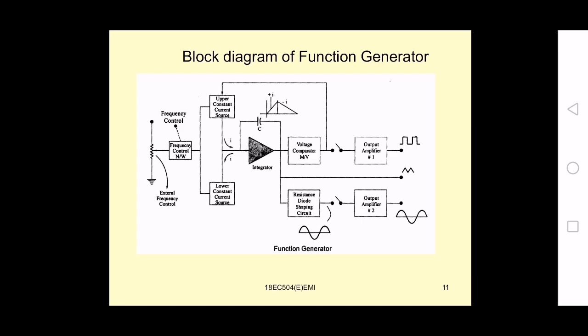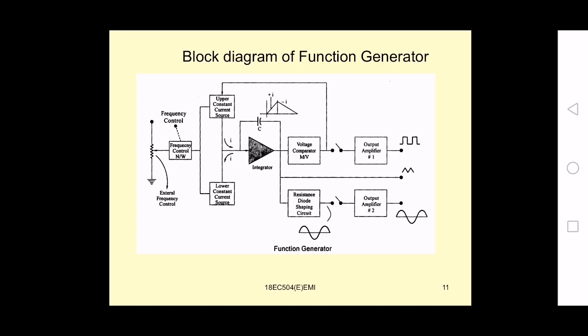So when this is happening, this voltage comparator multivibrator changes its state at a predetermined level on the positive slope of the upper constant current source. So whenever the upper constant current source is driving a current, that driving current is given to the integrator.